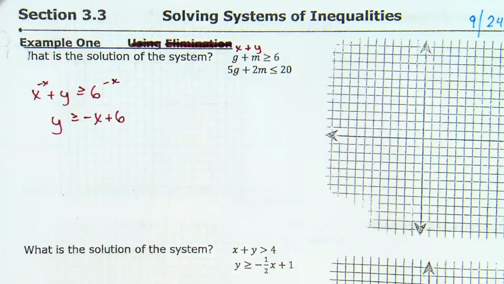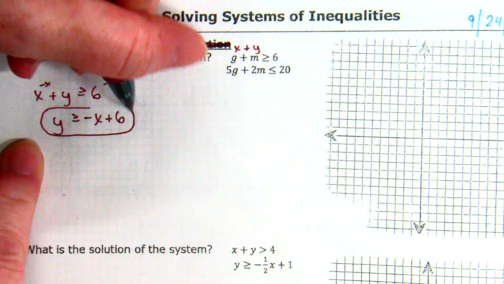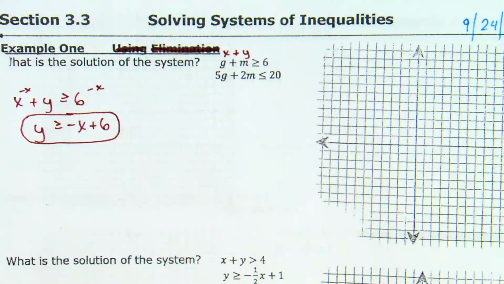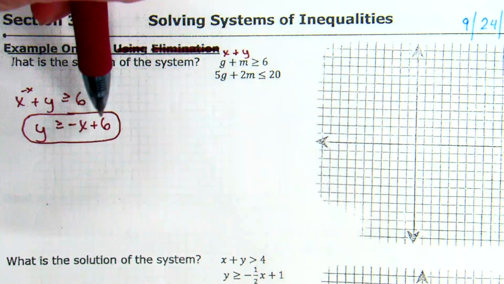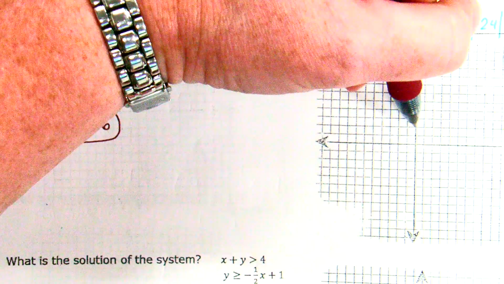Can we graph this? How do we graph this? Y equals mx plus b, so 6 is my y-intercept, so up 6: 1, 2, 3, 4, 5, 6.